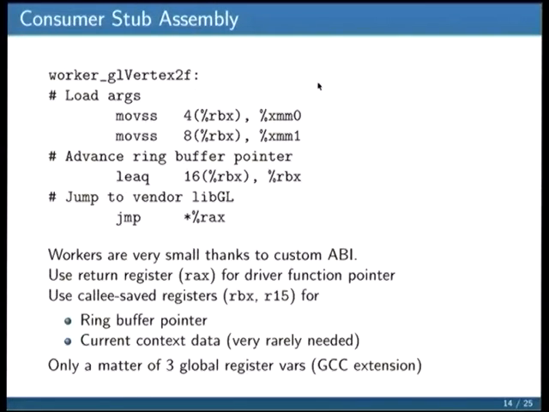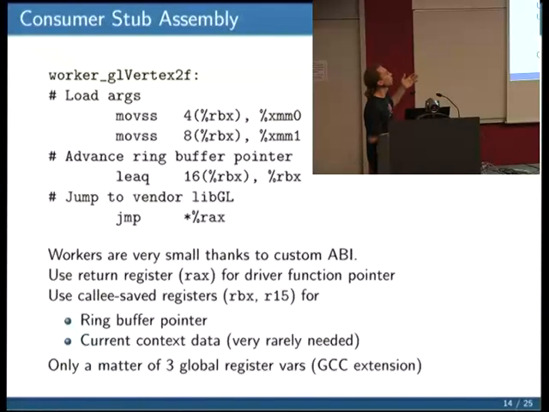And the other side is even more simple, because it gets one argument, second argument, it adjusts the pointer in the register and jumps to the vendor libgl. So it is so simple because there is some abuse involved. So the first abuse is that I use a custom API that uses 3 registers for custom purposes.